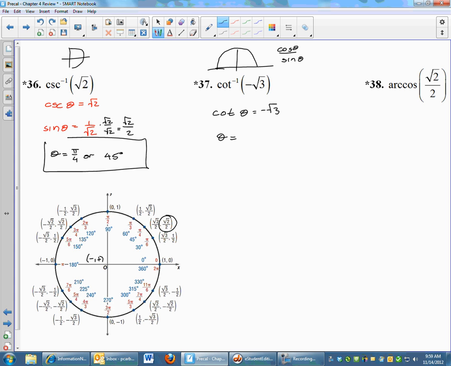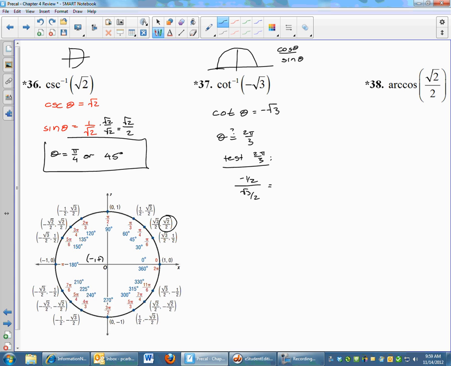So is 5 pi over 6 correct? The way I'll test that is I'll simply do cosine over sine. Actually, I'm going to guess 2 pi over 3 first. If I guess 2 pi over 3 and do cosine over sine, that would be negative 1/2 divided by sine, which is root 3 over 2.